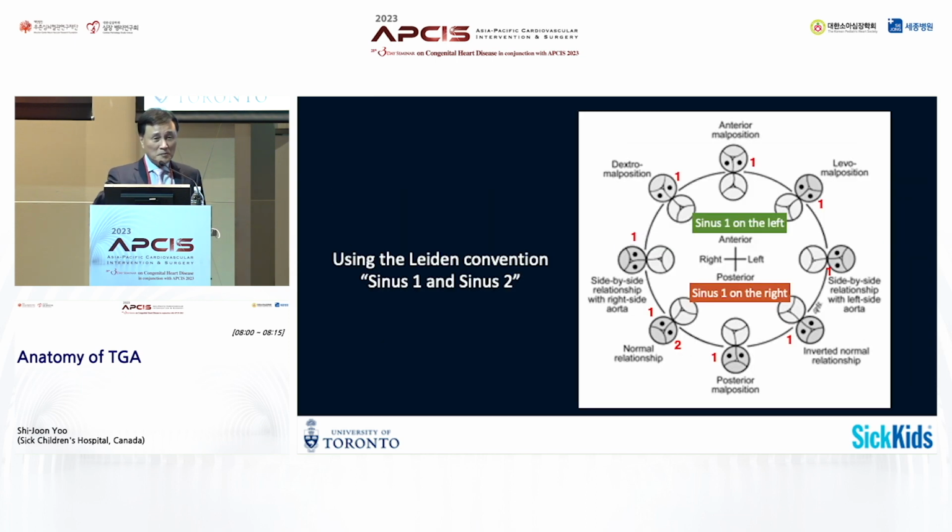So this is the spectrum of great arterial relationship. This is the right side, this is the left side, this is posterior, and this is anterior. This is the spectrum of the aorta anterior, either right side or left side. This is the spectrum of normal relationship, and then the aorta is posterior.